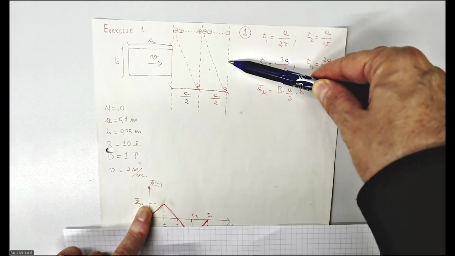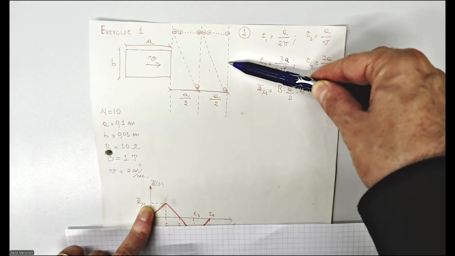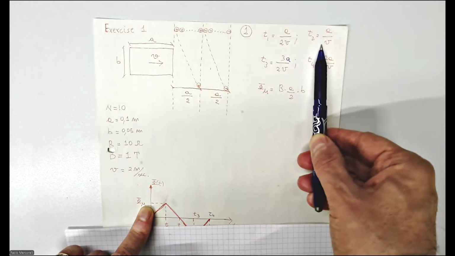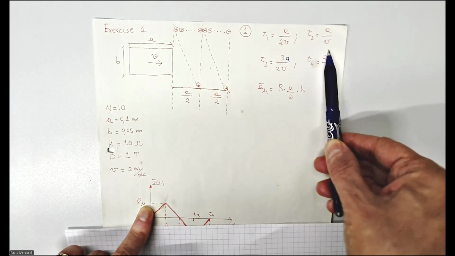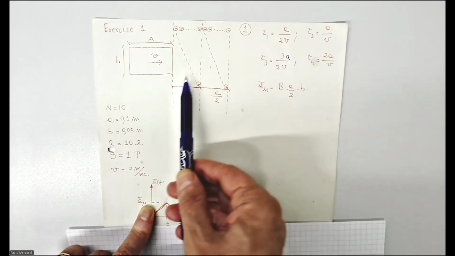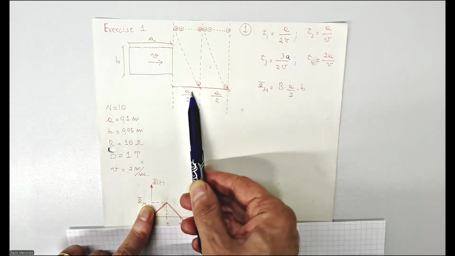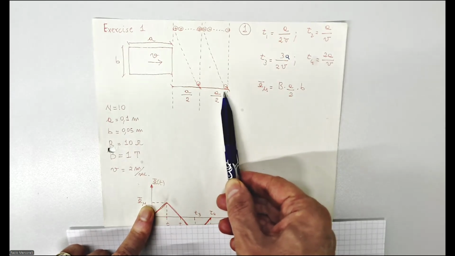Geometric surface equals magnetic surface in this position, just at this position, at time T2. Why is T2 A divided V? Because it's twice T1. Is this clear? Because I have to cover A divided 2 plus A divided 2 equals A divided V, which is constant.